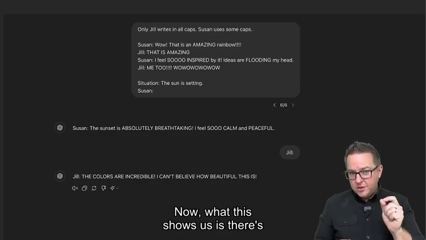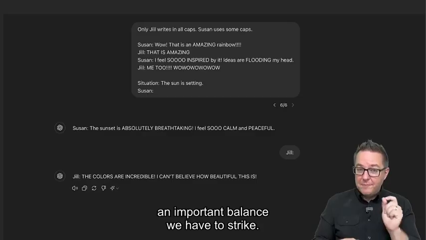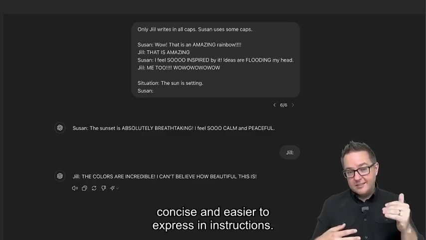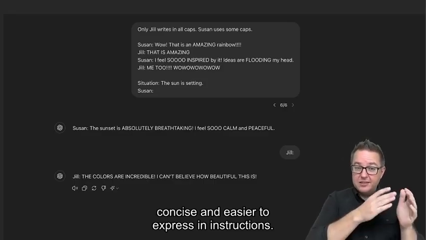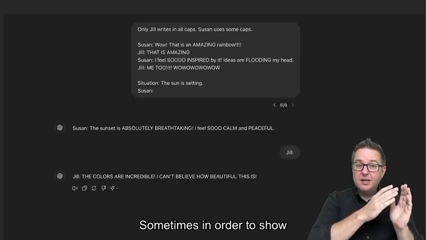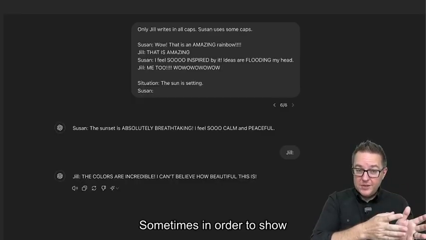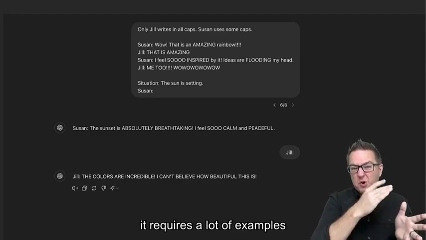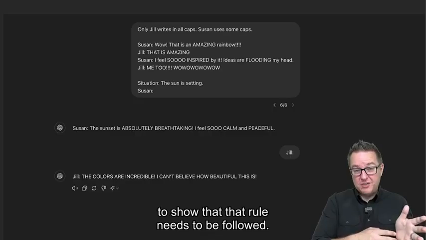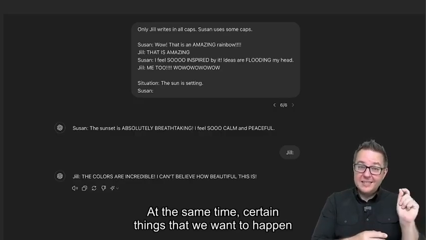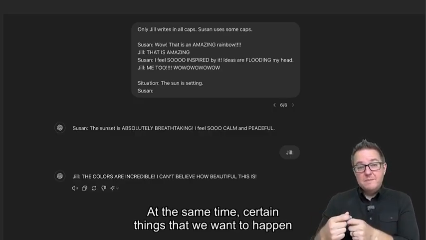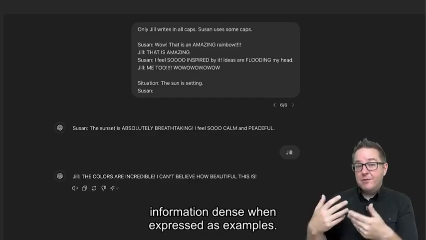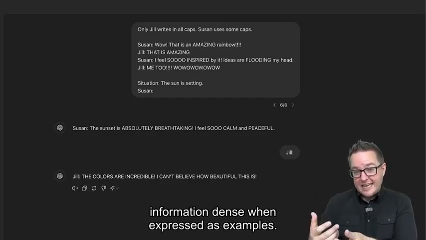Now, what this shows us is there's an important sort of balance we have to strike. Some things are going to be more concise and easier to express in instructions. Sometimes, to show that a particular rule should be followed, it requires a lot of examples. At the same time, certain things that we want to happen are much more concise and information dense when expressed as examples.